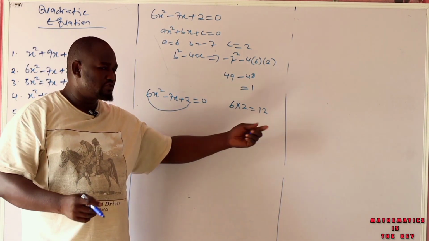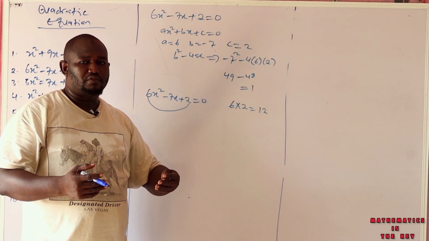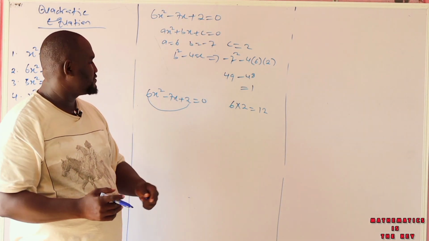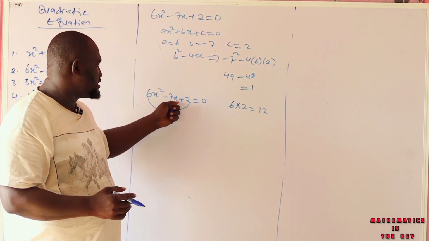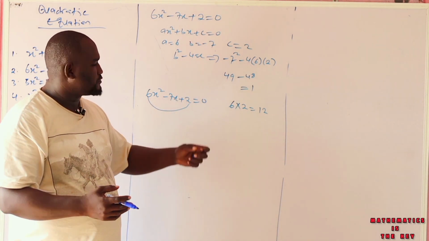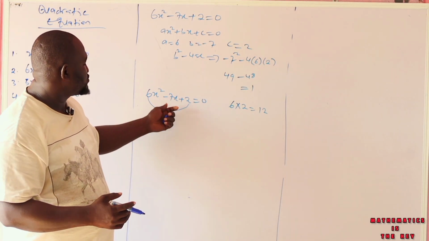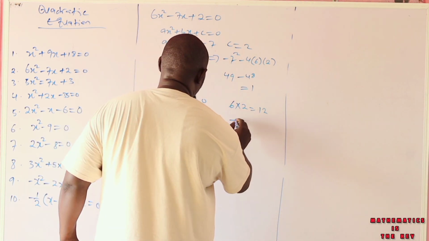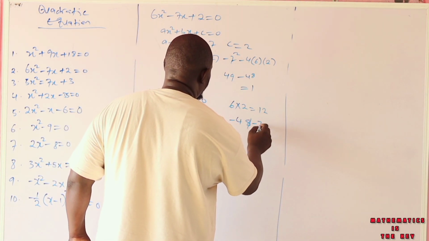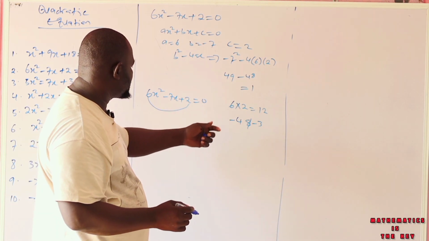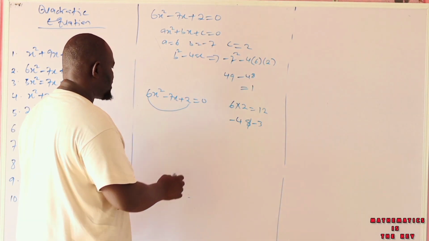The result is positive 12, so either the two numbers are both positive or both negative. But the sum we need is minus 7. This shows that the two numbers are both negative. These two numbers are minus 4 and minus 3. Minus 4 multiplied by minus 3 gives positive 12, and adding them gives negative 7.